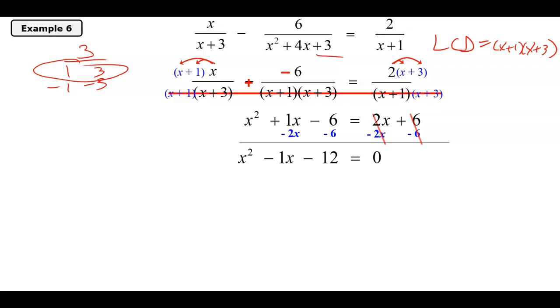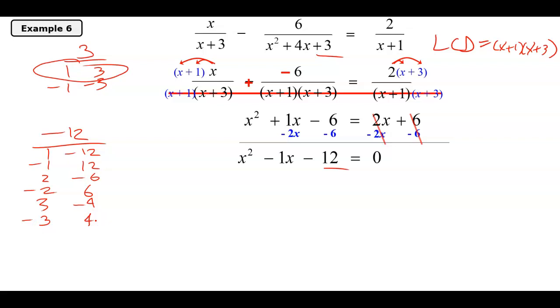All right, so what are the factors of negative 12? 1 times negative 12. Negative 1 times 12. What about 2? 2 times negative 6. Negative 2 times 6. What about 3? 3 times what is 12? Okay, negative 4. Negative 3 times 4.